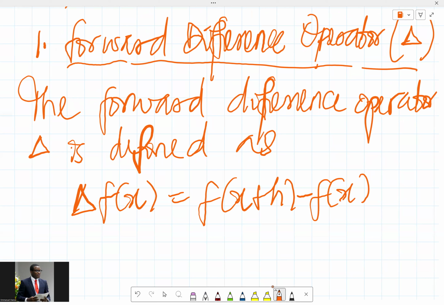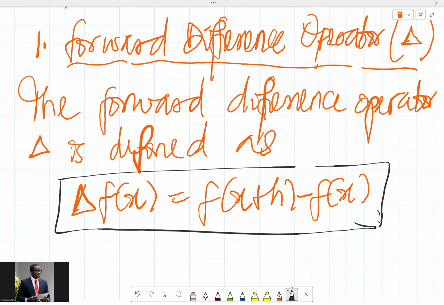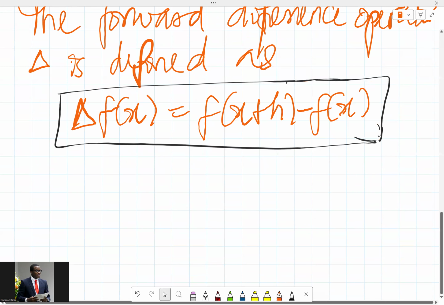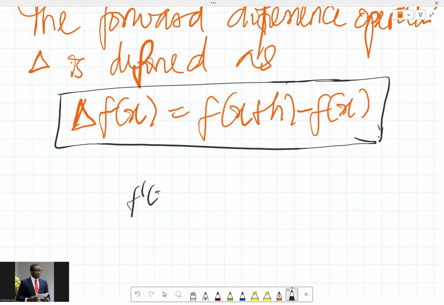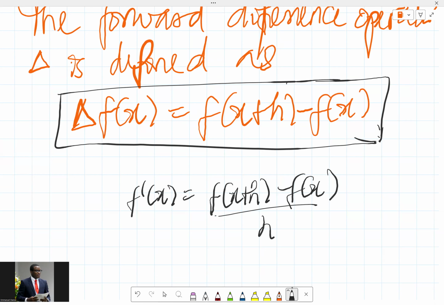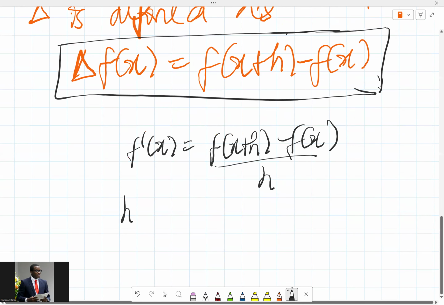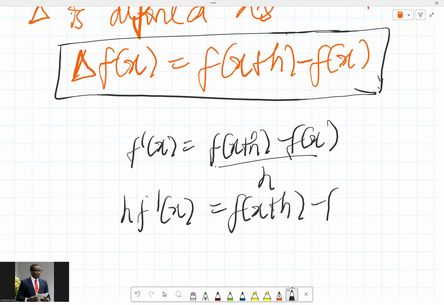It bears close resemblance to what we did under finite difference, where forward difference uses x naught and x naught plus h. Except here we are not dividing through by h. Normally, f prime of x is equal to f of x plus h minus f of x, all over h. That h is a small thing. So h times f prime of x equals f of x plus h minus f of x.